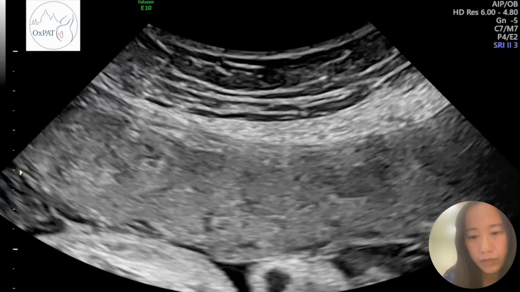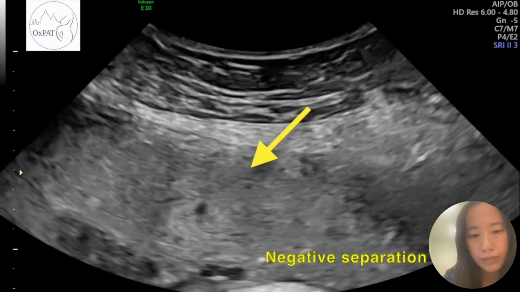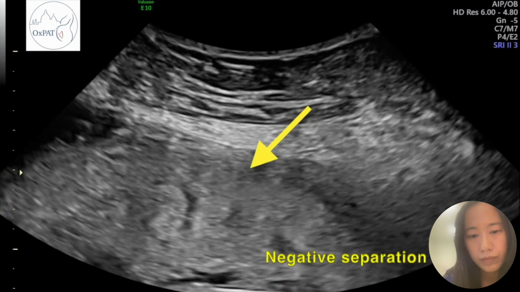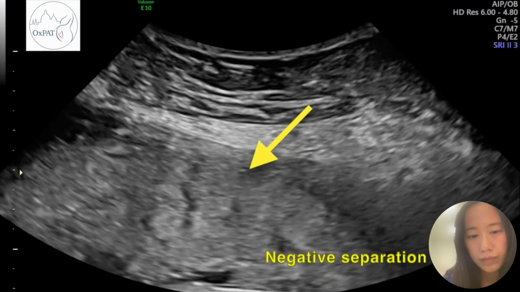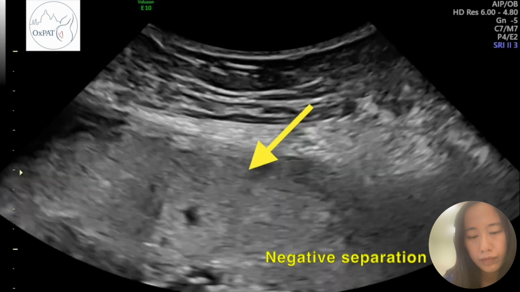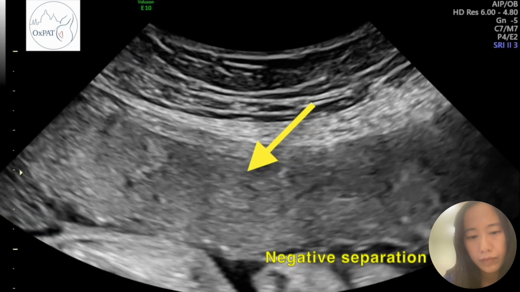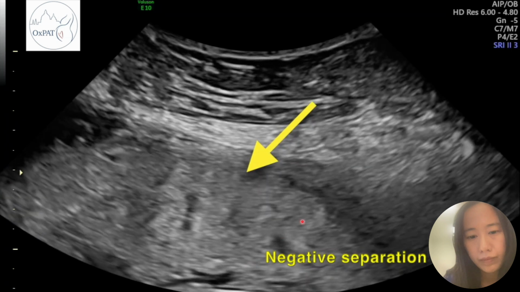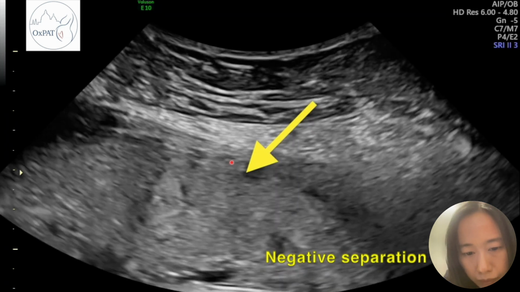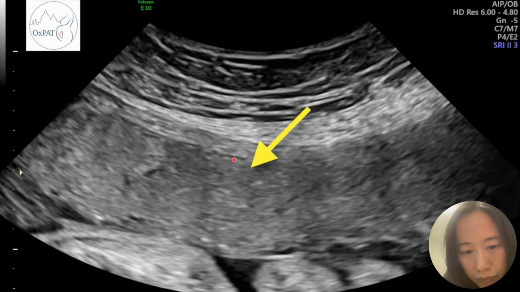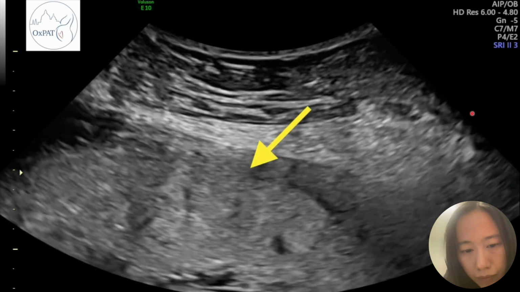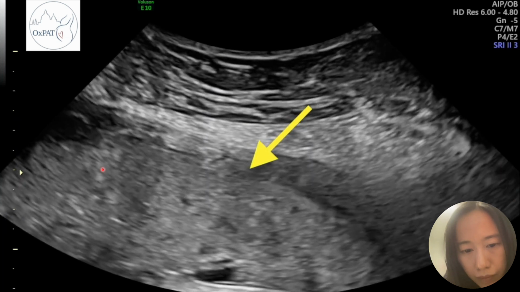So let's play the video. This is an example of the negative separation sign. The arrow is pointing at the interface between the myometrium and the placenta. You can see when the probe pressure is applied and then released, there is no clear zone becoming apparent and the placenta is not moving separately from the myometrium.